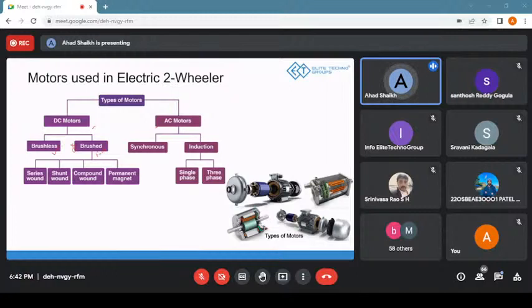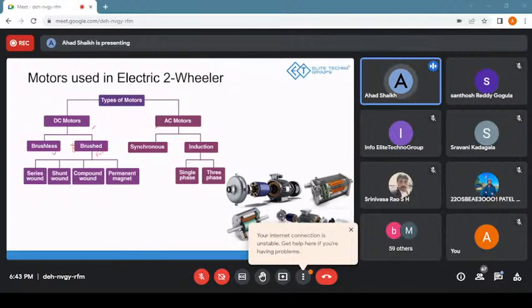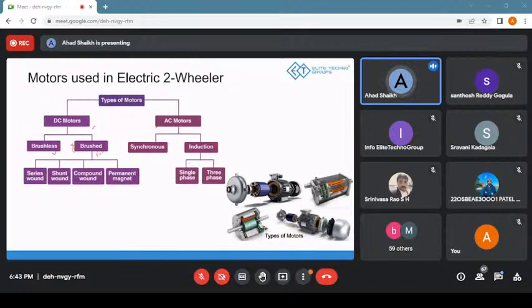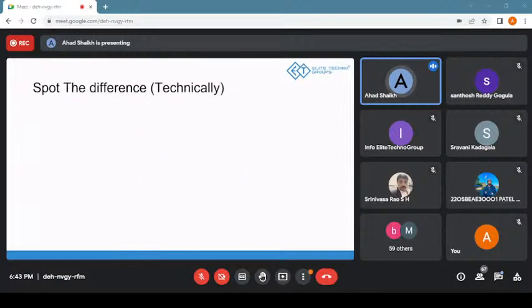We'll see what sort of applications they have. AC motors are also popular for electric vehicle related applications. There are synchronous AC motors and induction AC motors, which can be run on three-phase or single-phase, depending upon the power requirement. These kinds of motors are used in electric two-wheeler applications.